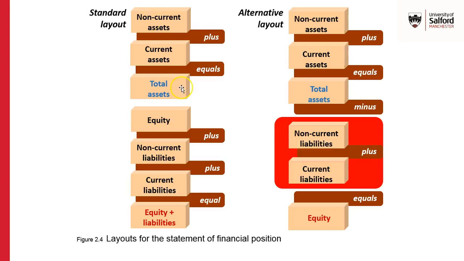So we just add up the total of our assets equals equity plus liabilities, and that's one way of looking at it. In both cases, the red equals the blue, so it balances, but they're just different forms of layout.